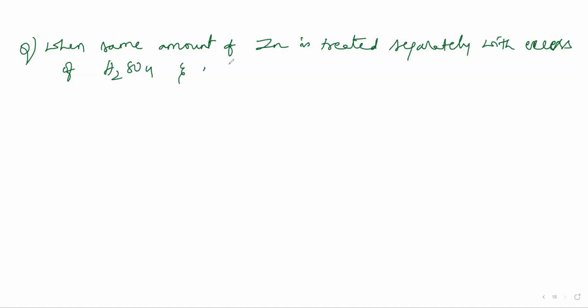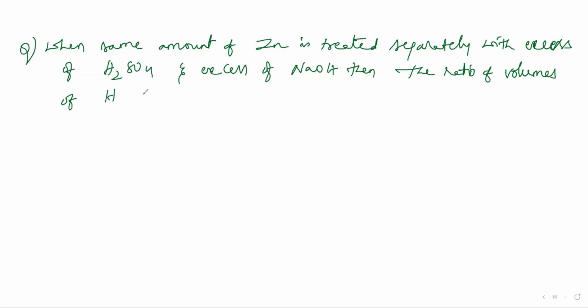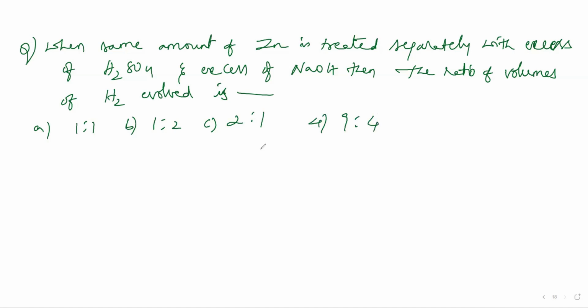And the second case is it is treated with excess of NaOH. Then, now the question, the ratio of volumes of hydrogen evolved is. Options given are 1:1, 1:2, 2:1, or 9:4.